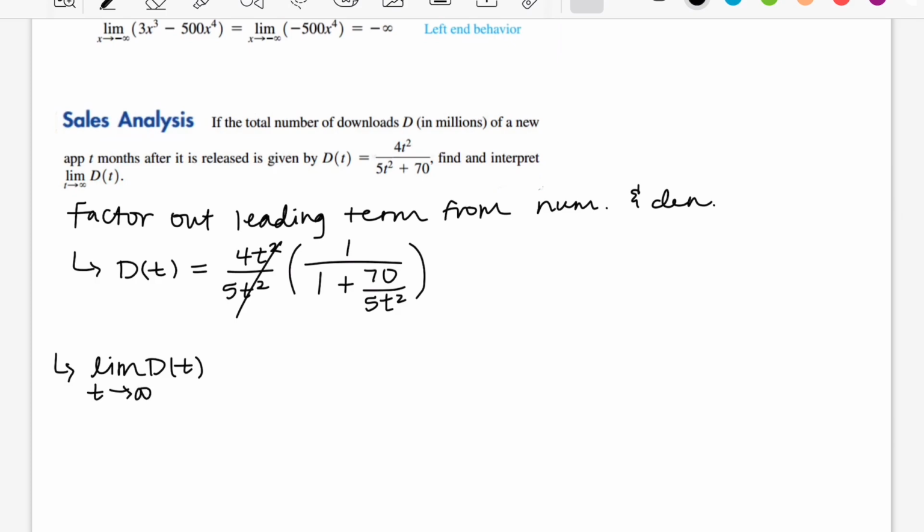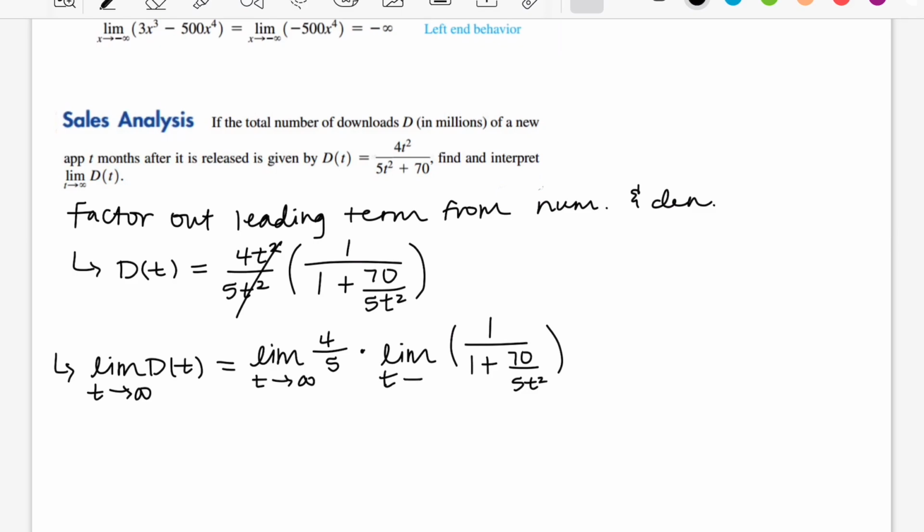So the first thing we'll do is we'll take the limit of this constant 4 over 5 on the outside, and then we can multiply that using our limit rules by the limit of this guy as t goes to infinity.